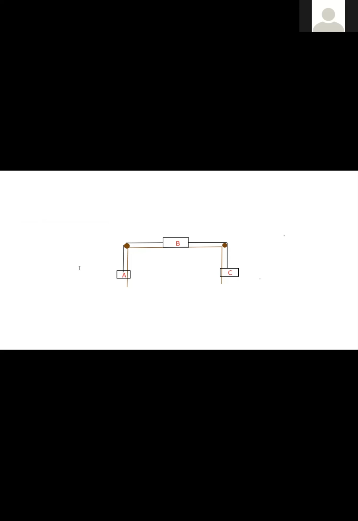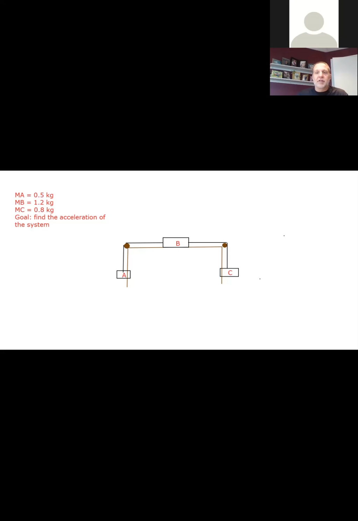That's the goal here. Now we had multiple, remember this goes back to the one we did with the weight. What I want you to do is just take a moment and draw the free body diagram for this situation and give me the thumbs up when the free body diagram is drawn.